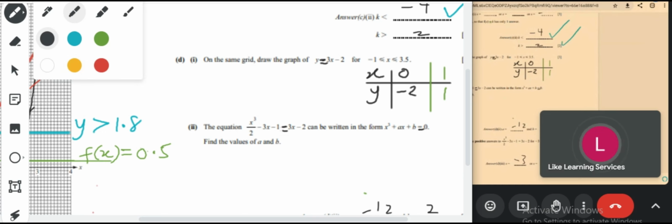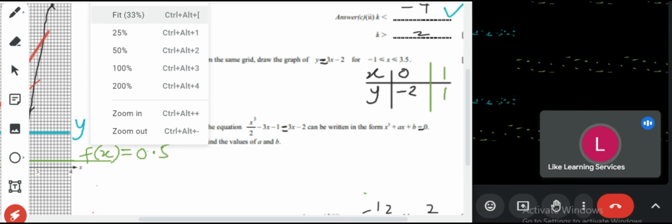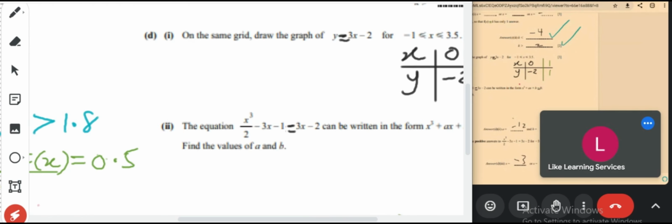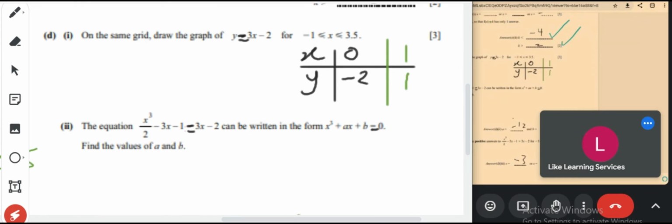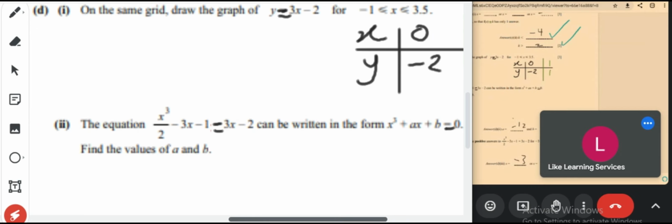Okay, let me do what you said you did, because based on what we talked about earlier, I think I need to zoom in so it can come out better. Basically what they're asking you to do here is to re-express this equation so that it will now be in this form.